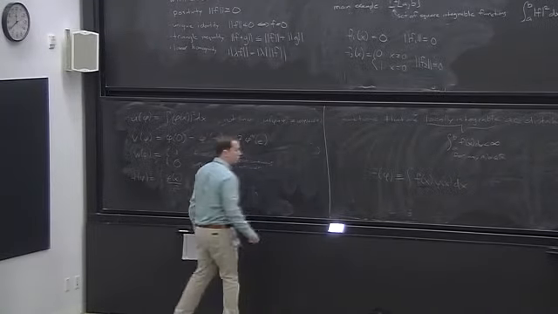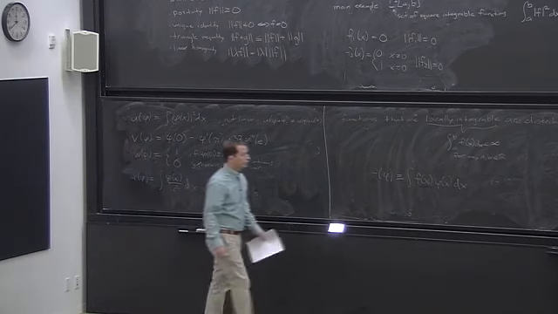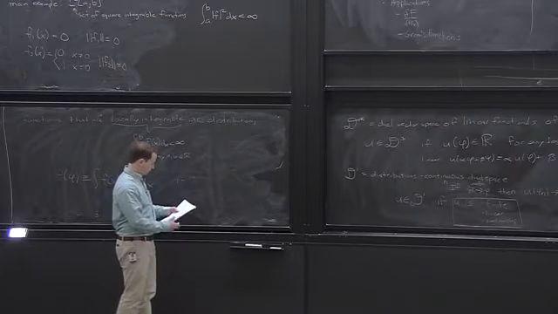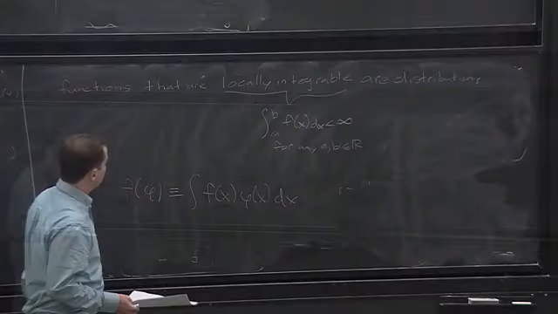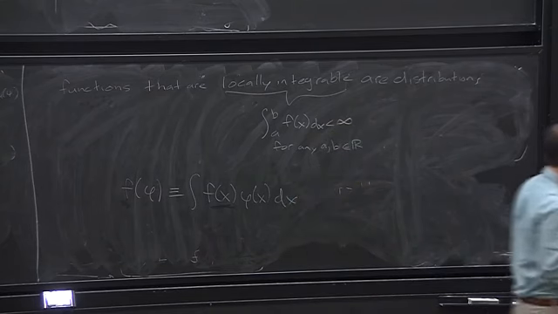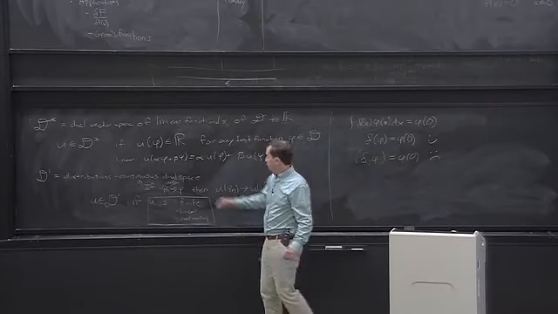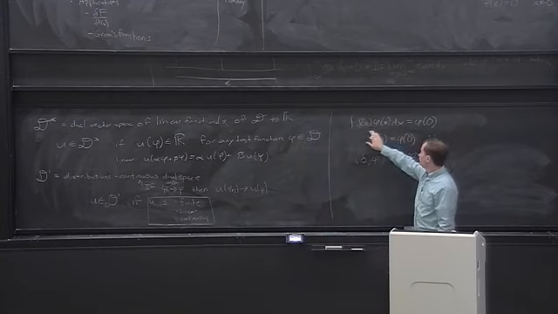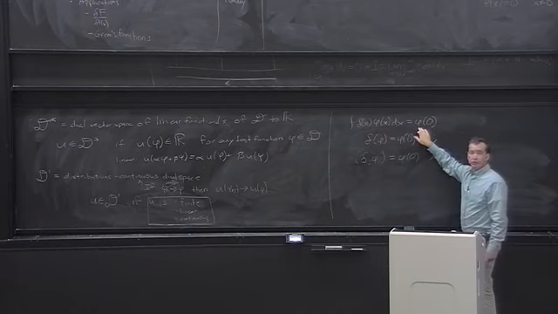I'll just summarize a bit for today, and we can resume on Monday with various operations and applications of distributions. So what we've seen is that you can think of the Dirac delta as a map that maps functions, test functions, to their value at 0.